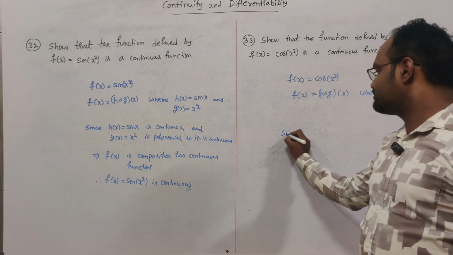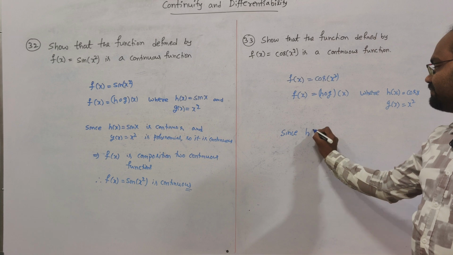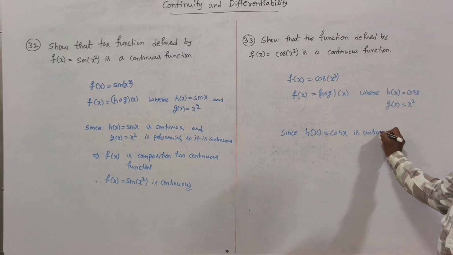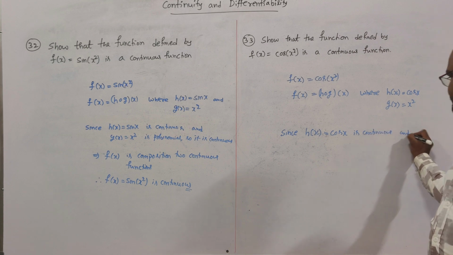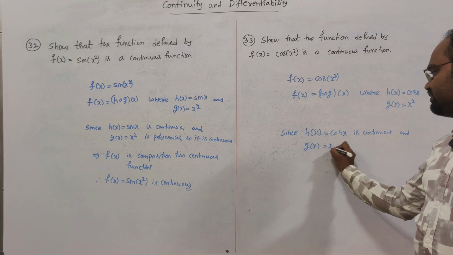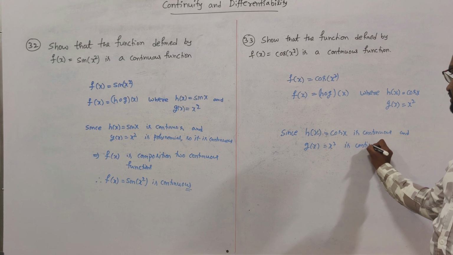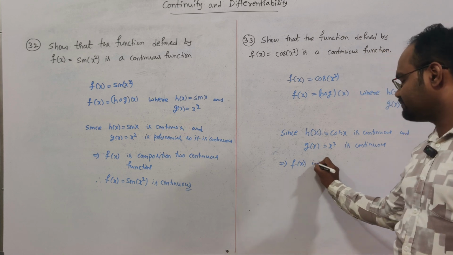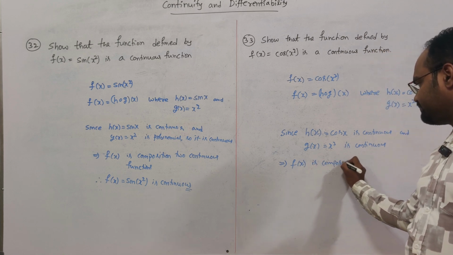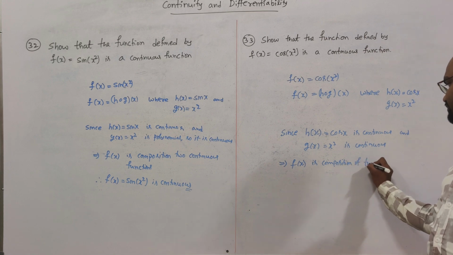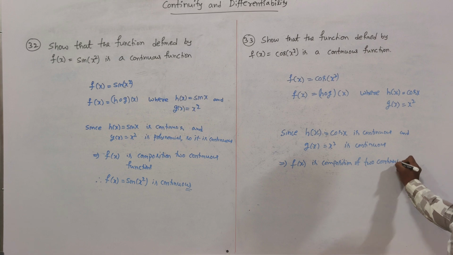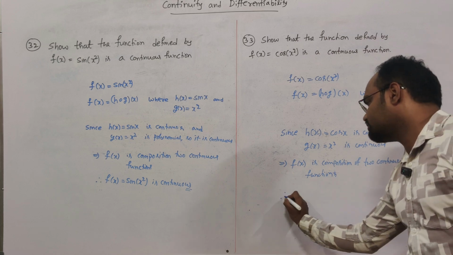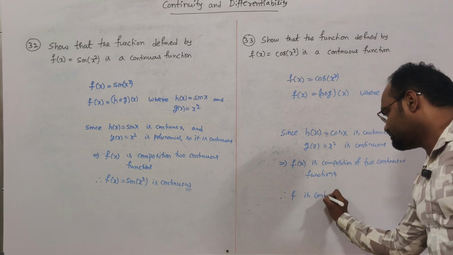So since h of x is equal to cos x is continuous and g of x is equal to x square is also continuous, this implies f of x is the composition of two continuous functions, therefore f is continuous. That's all.